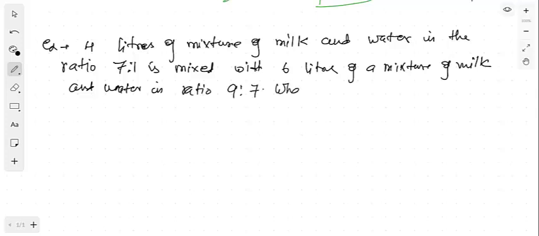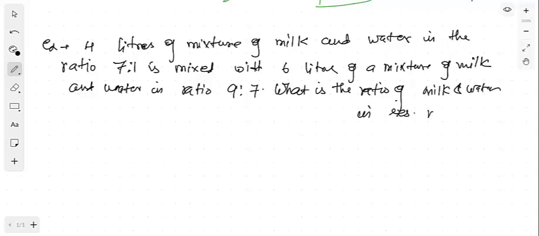Then what is asked: what is the ratio of milk and water in the resultant mixture?